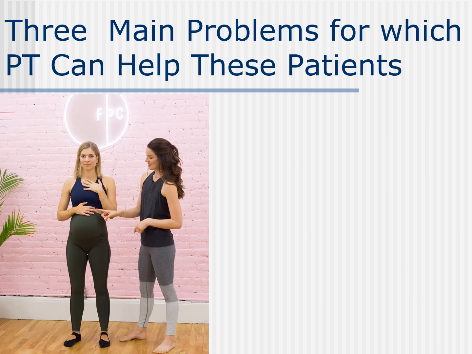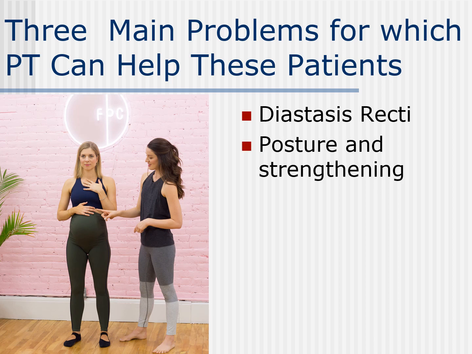Now, there are three main things which, as physical therapists, you can help patients with. The first one that we're going to talk about is diastasis recti, which is a split between the rectus abdominis, which is very, very common. We'll talk about how common it is. Second, posture and strengthening, both pre and postpartum.